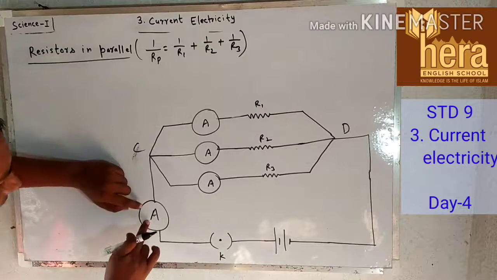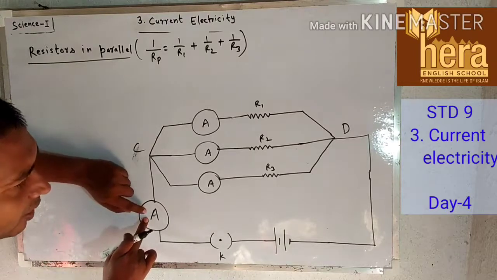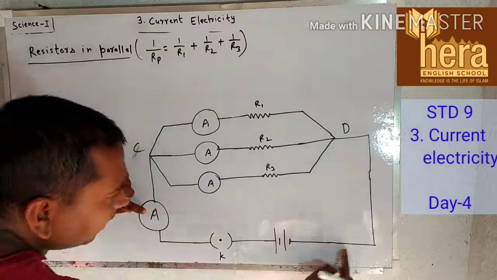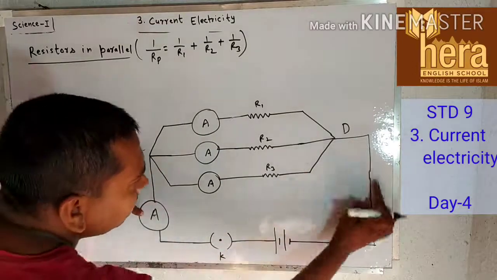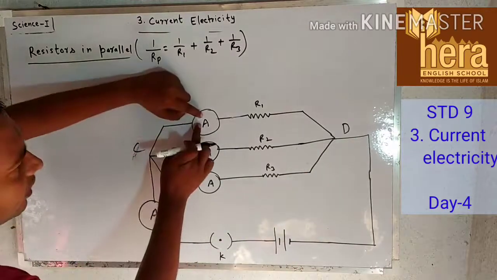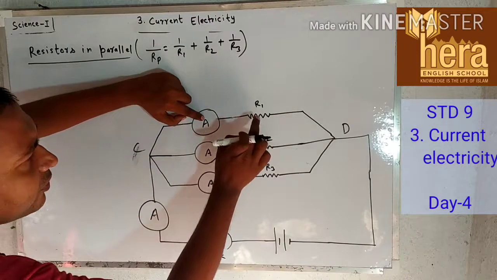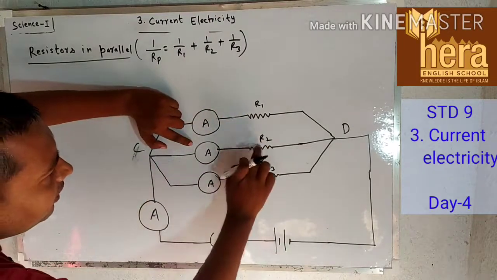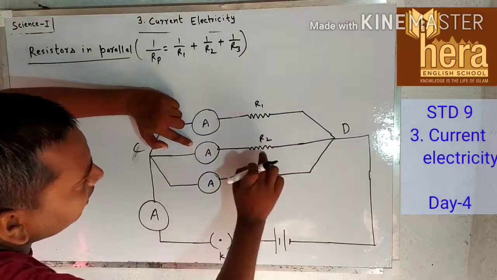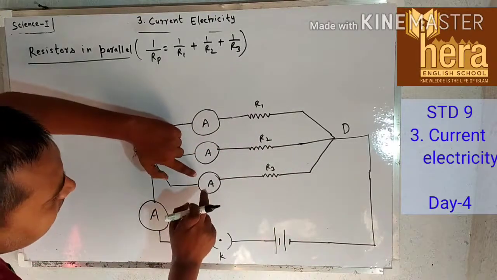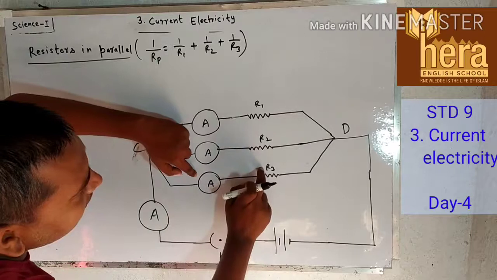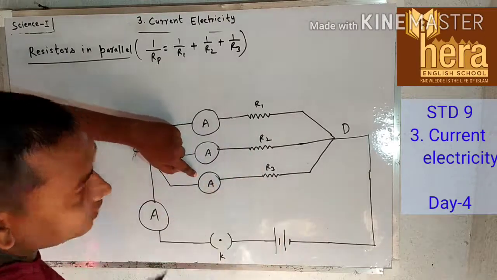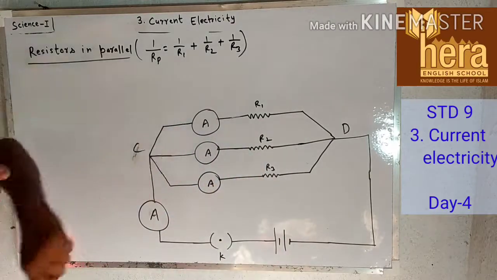See, this ammeter will be used to measure total current in the circuit. This ammeter will be used to measure electric current through this resistor. This ammeter will be used to measure electric current in R2. This ammeter will be used to measure electric current through the resistance R3. Okay.